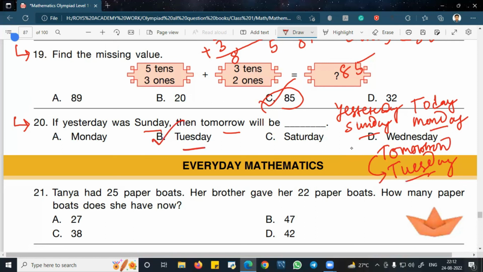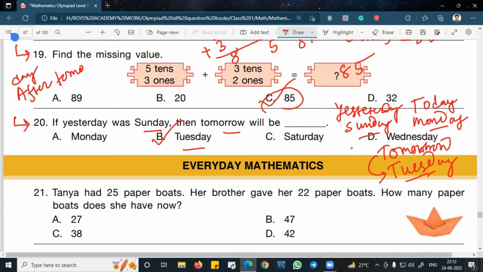Okay, I think I'm clear up to this point. So guys, if I give you one more question, if it asks what will be the day after tomorrow, what will be the answer there?